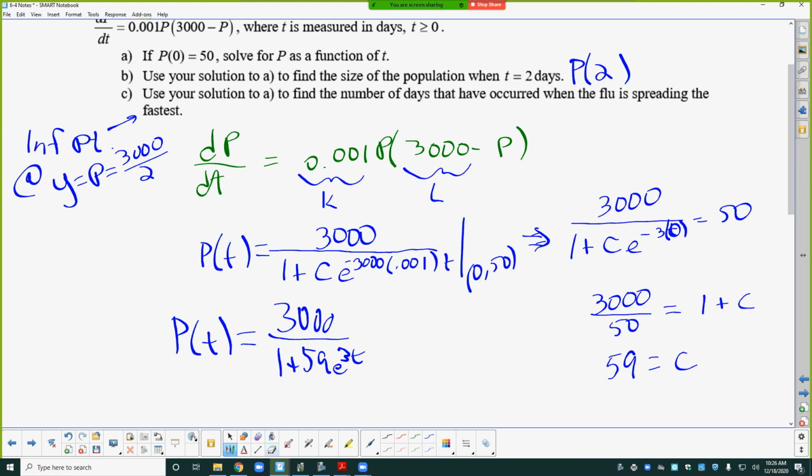That's not a when answer. Well, I guess it kind of is. Well, it gets a little more specific. The number of days that have occurred. So I could say when the population hits 1,500 people, but that doesn't answer how many days. So I do have to find the number of days.